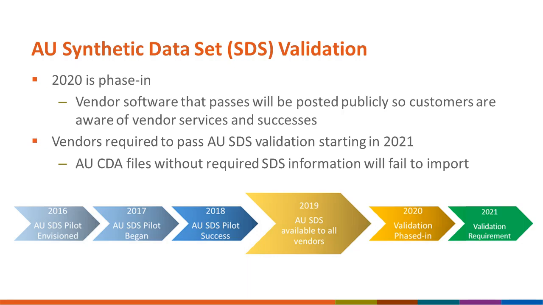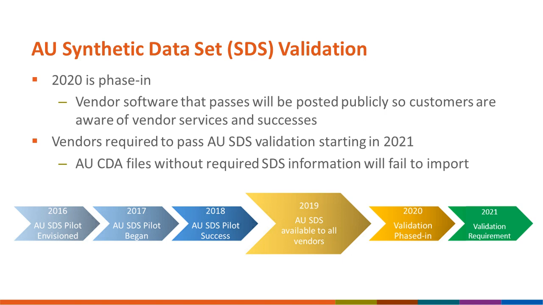We shared this timeline on the last CDA vendor webinar call in April of this year. The key points I'd like to make today are that AU synthetic data set validation will be required for all AU CDA vendors. AU SDS validation materials are currently available on our website for all vendors.